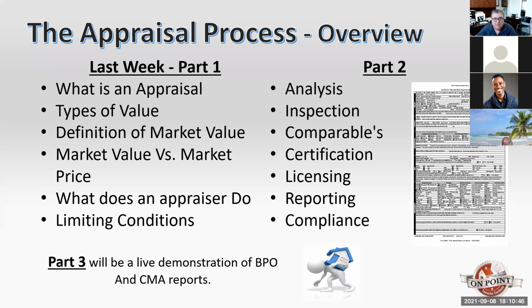And for the CMA, or comparative market analysis, the MLS system has a way to print it out so it's understandable, and it actually uses statistics now to arrive at not a conclusion, but more of an indicator. So that'll be next week. Don't miss it, because it's going to be a good one, and a little more hands-on.